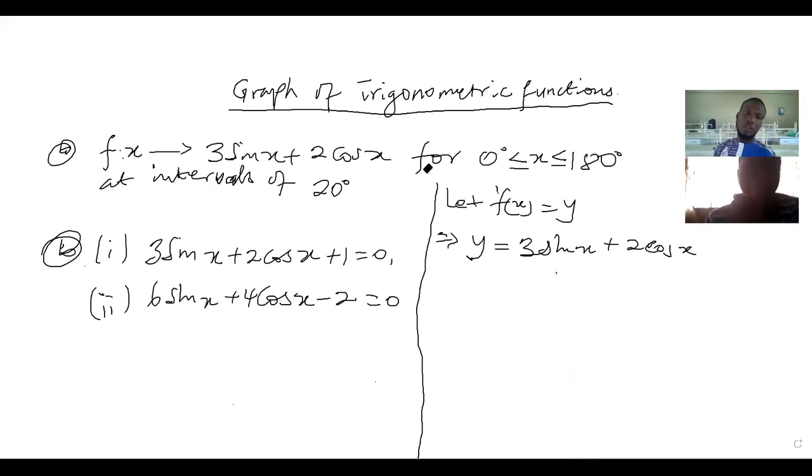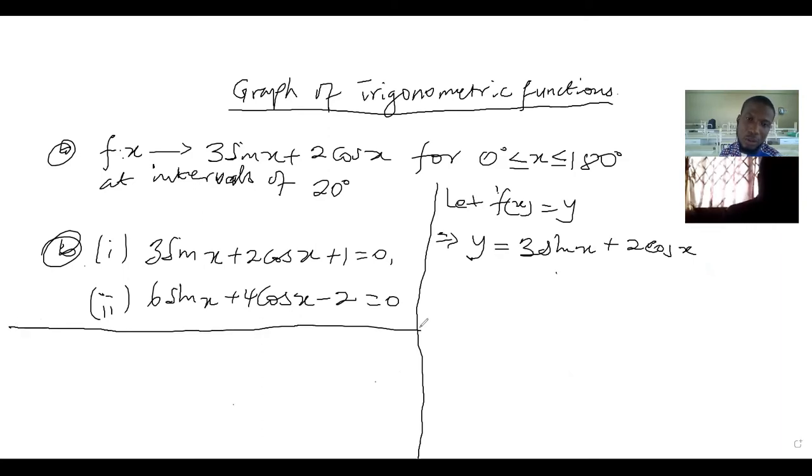All right. Question I is asking us to find the true set of 3 sine x plus 2 cos x plus 1. So like I said, we are trying to make it look like y. There are two ways we can do this, depending on who is teaching you and the way he explains it.